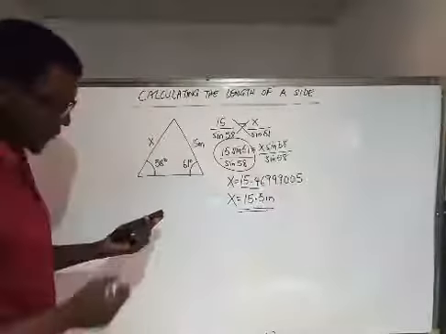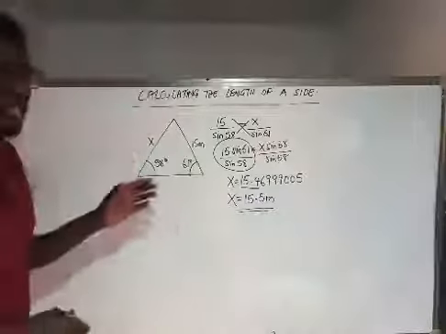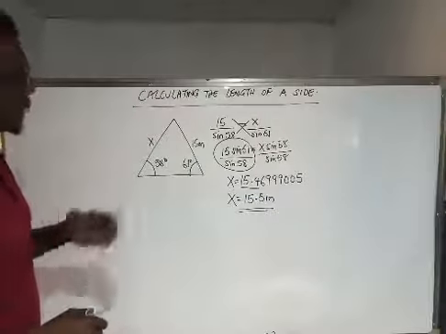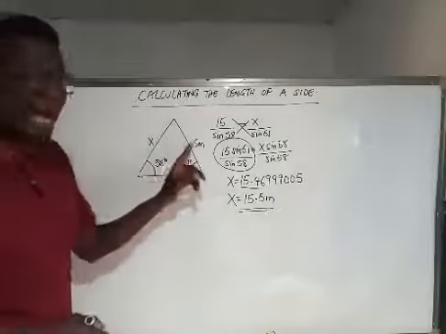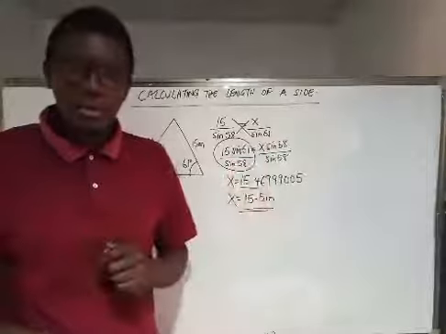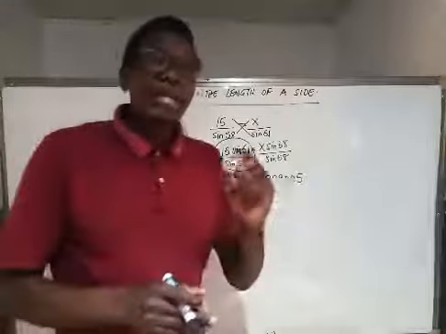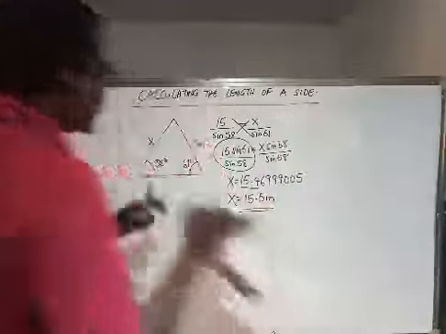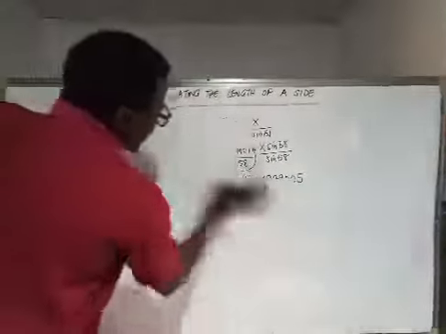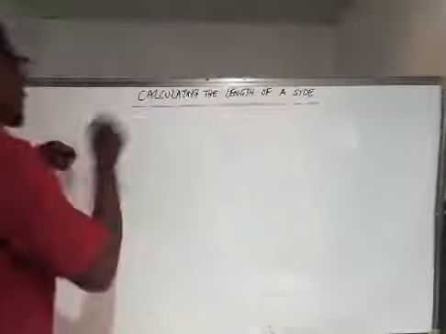Basically, this is what we do when we are dealing with sine rule. Each side must have a corresponding angle. For you to deal with sine rule, you need to identify that each side has a corresponding angle. Now, let us look at some more examples.